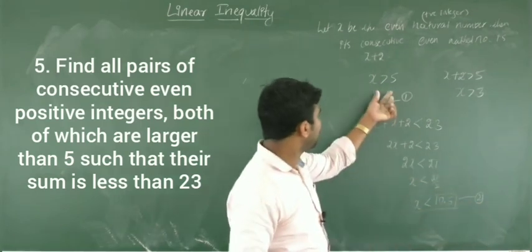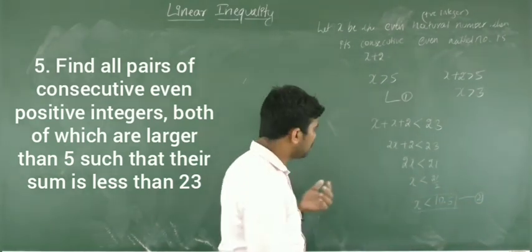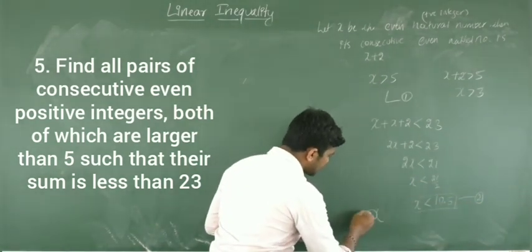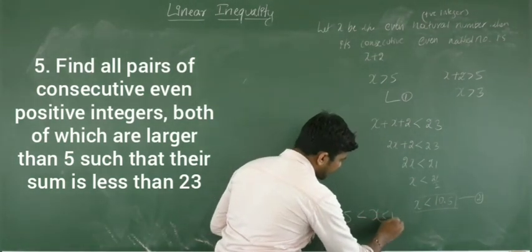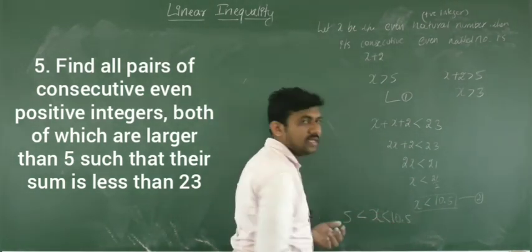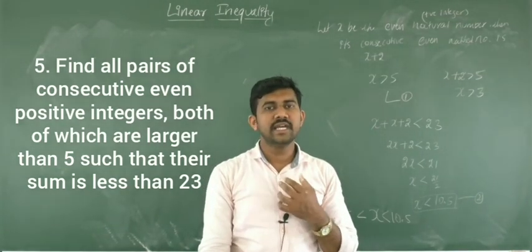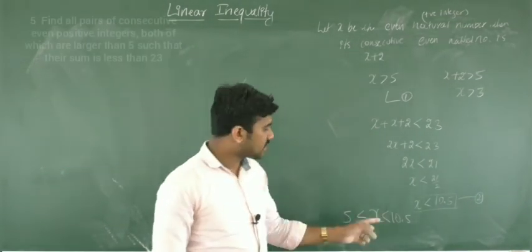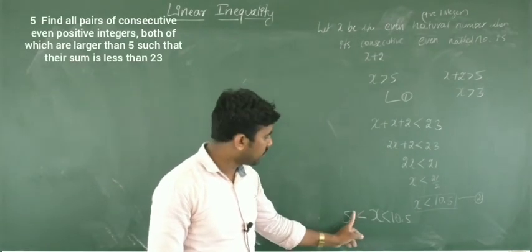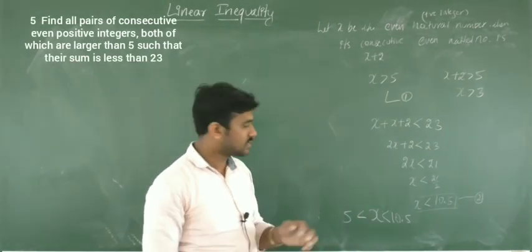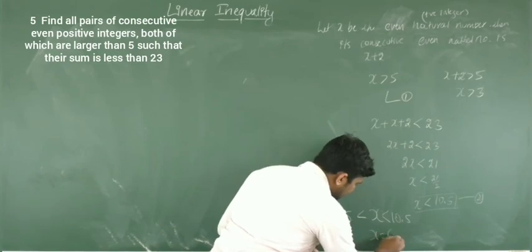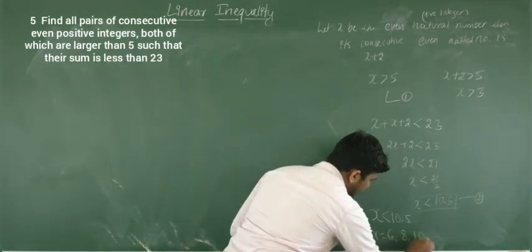x is greater than 5 and x is less than 10.5, so we can say x is between 5 and 10.5. See, x is an even positive integer, or an even natural number. So what even natural numbers do we get between 5 and 10.5? We can say 6, 8, 10.